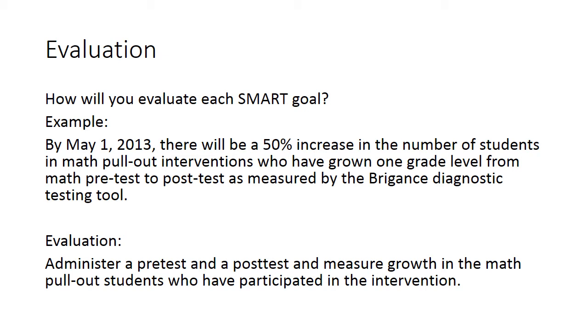For example, for the SMART goal that we covered about the Brigance diagnostic test, your evaluation might be to administer a pre-test and a post-test and measure the growth in math pull-out students who have participated in an intervention, if you chose a curricular intervention, for example. So the evaluation doesn't have to be complicated, but there has to be some target you're trying to hit, and there must be some way to measure it.